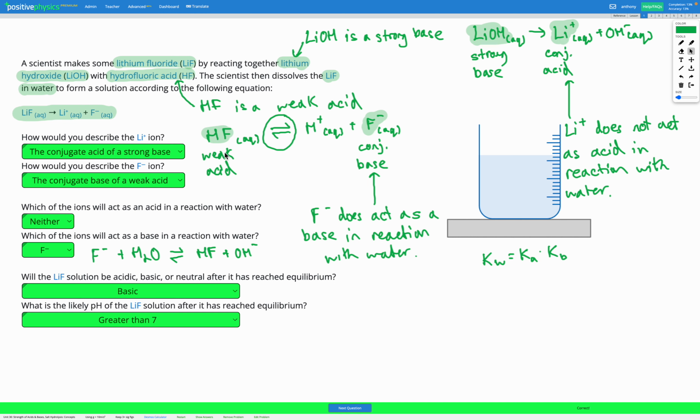However, if we have a weak acid or base, the conjugate base or acid formed can also react back with water to form the weak acid or base again. So anything that's the conjugate acid or base of a weak base or acid will be an acidic or basic ion and will react with water and therefore will affect the acidity of our solution in the end.